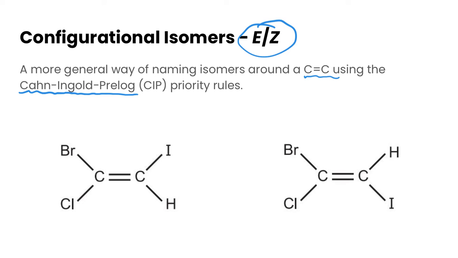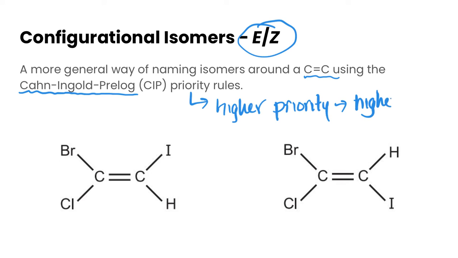And basically what these rules say is that the higher priority goes to the atom attached to the carbon-carbon double bond with the higher atomic number. So it's a fairly easy rule to keep in mind as you're going through and figuring out which one has the higher priority.